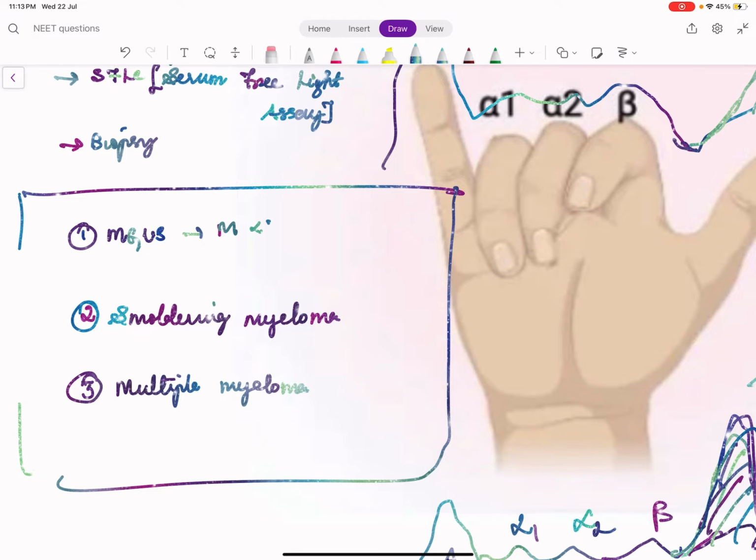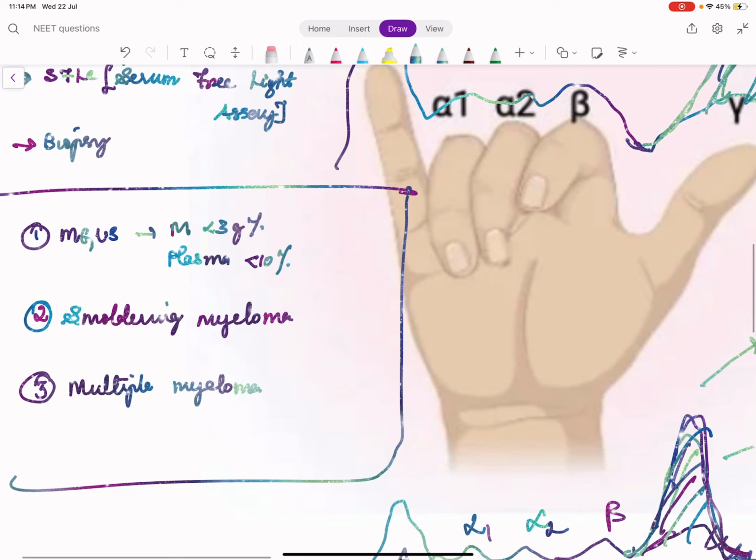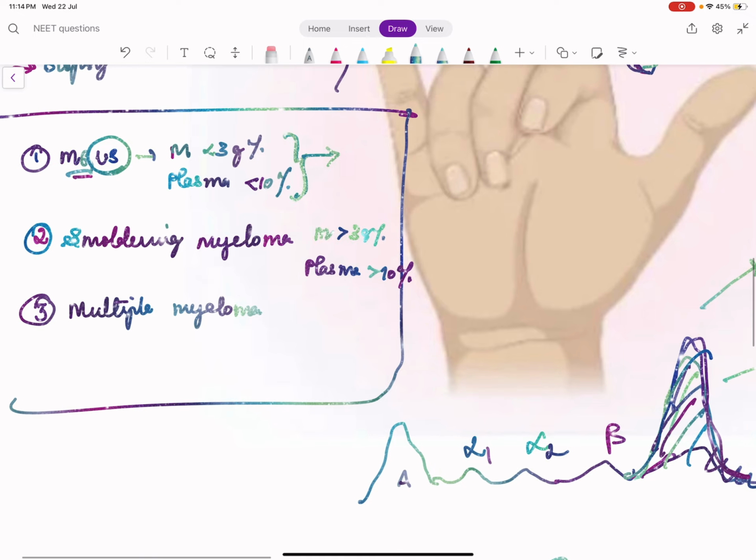The M protein level is less than 3 gram %, and the plasma cell count is less than 10%. Even though it is elevated, it is below the cutoff, because M protein more than 3 gram % and plasma cells more than 10% is the criteria for multiple myeloma or smoldering myeloma. So even though there is monoclonal gammopathy, it doesn't fit the cutoff, and it is called MGUS.